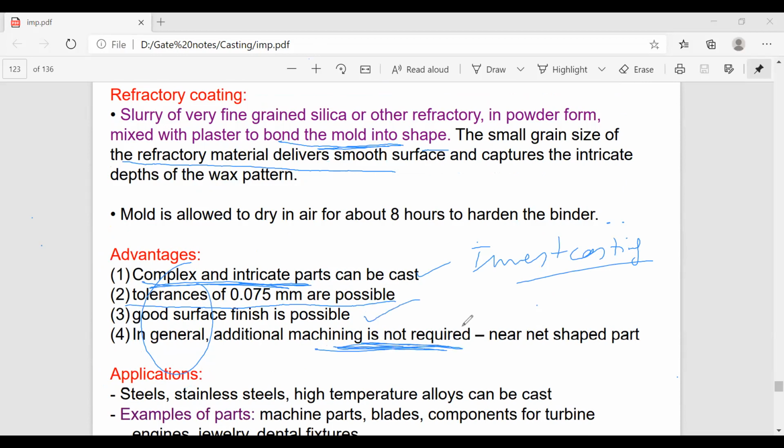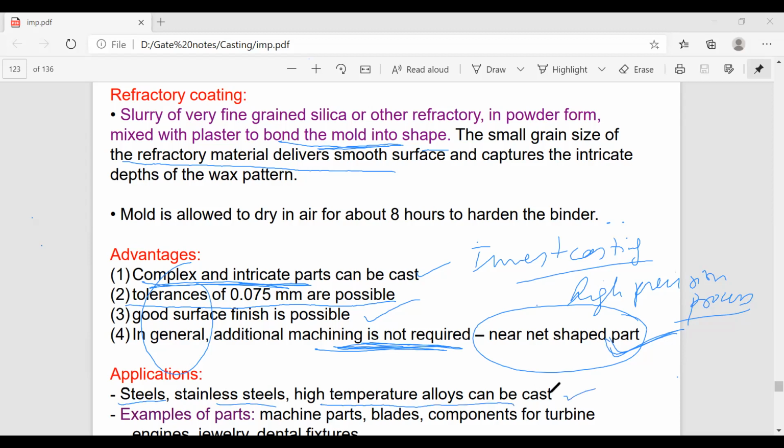Near net shape. It is a high precision process. Complex parts can be manufactured, and of course steel, stainless steels, and high temperature alloys can also be cast by using this.